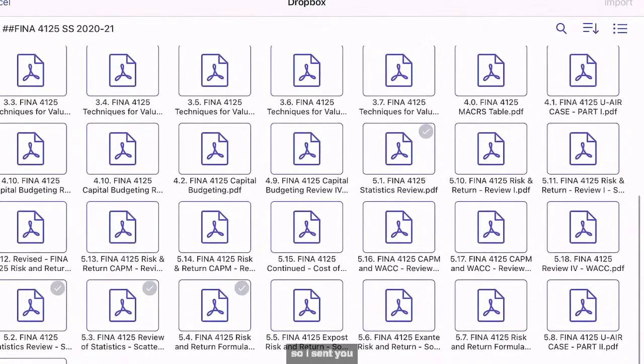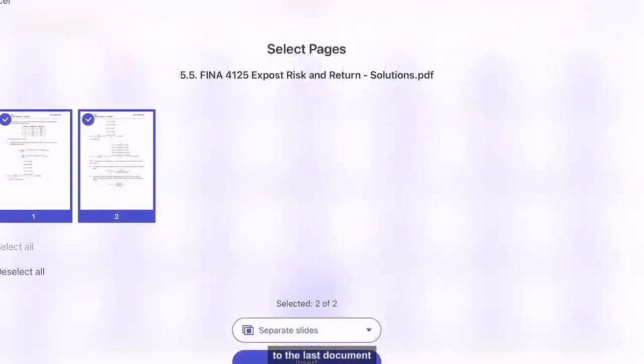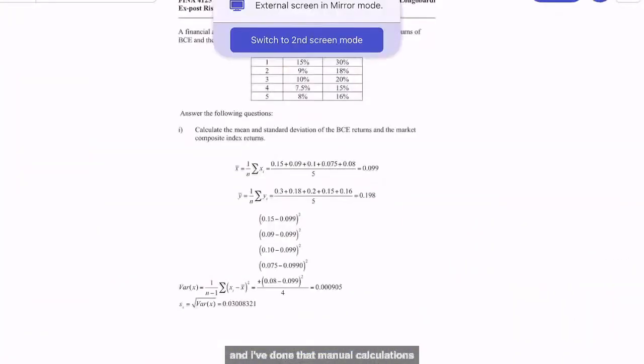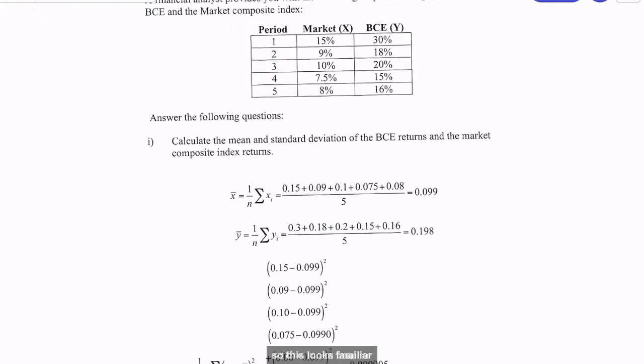So I sent you 5.5 and 5.6, which are just the solutions to the last document, and I've done the manual calculations. So this looks familiar.